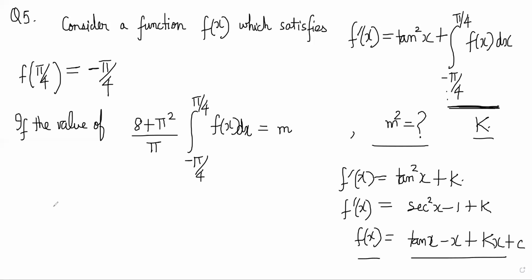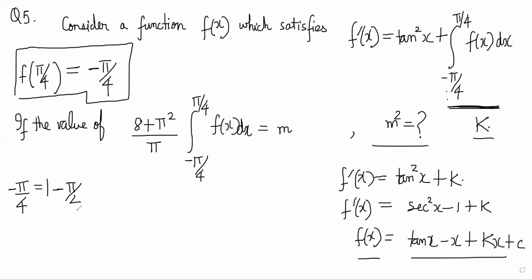And you have f of pi by 4 is minus pi by 4. So if I put that, minus pi by 4 is equal to 1 minus pi by 4 plus pi by 4 into k plus c, right?